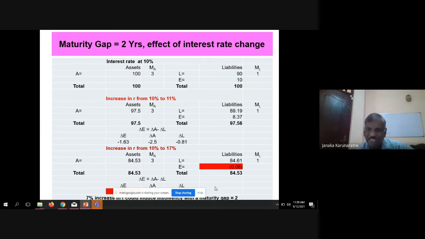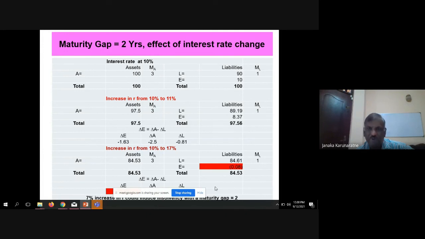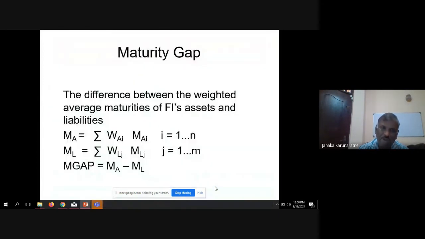The gap increasing means not good from an interest rate risk point of view. It should be very short, then only from an interest rate risk point of view are you happy. The idea is to minimize the gap, not to extend the gap.